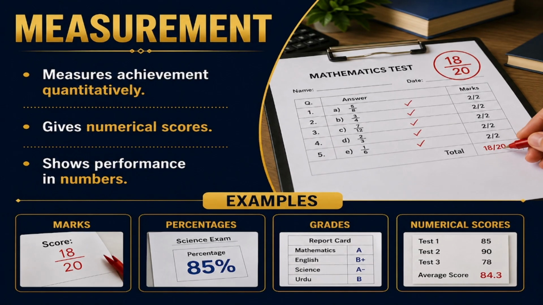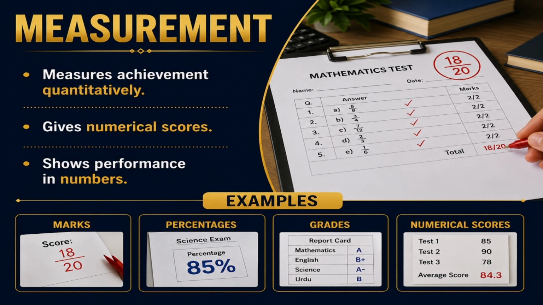Simply, a test collects information about students' learning. Now let's understand another important concept, measurement. Imagine a teacher checks students' mathematics quiz. After checking, the teacher gives marks to the students. For example, Fatima scored 18 out of 20 marks, Muhammad scored 15 out of 20 marks and Ahmad scored 10 marks out of 20.